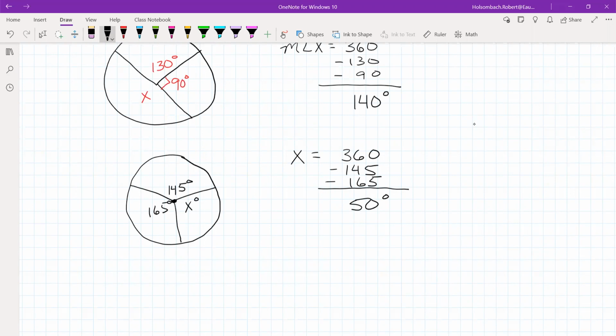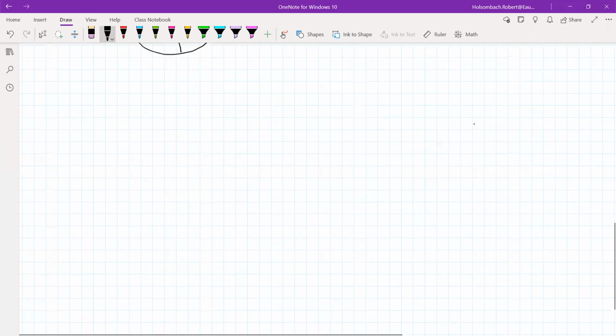All right, bottom of page 706. An arc is a portion of the circle defined by two endpoints.